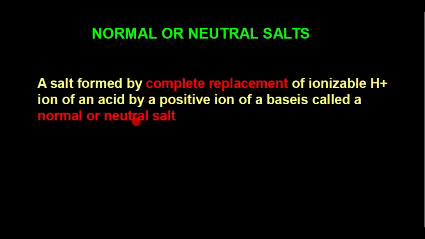We will understand neutral salt with the help of an example. For example, if we react hydrochloric acid with potassium hydroxide, we will see what reaction takes place if we react hydrochloric acid HCl with potassium hydroxide.